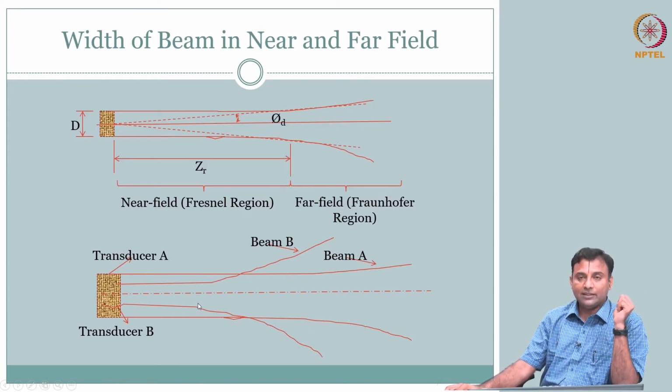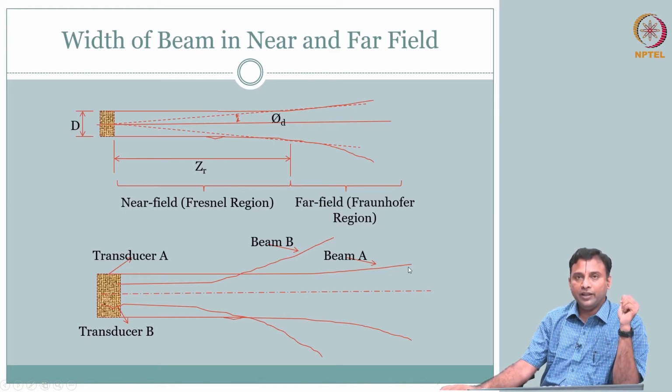So divergence is less, divergence is more is okay, but then you notice if divergence is less, here you notice that this extra space, so much volume you are going to insonify. So your ability to look, because at the end whatever you are going to get as R of t, you are receiving, you are going to say it came from location 1, location 2, location 3 along the depth.